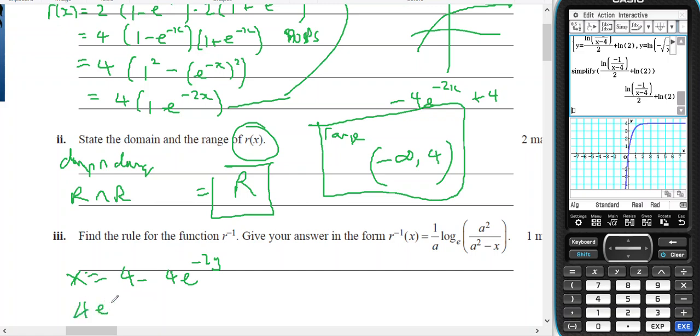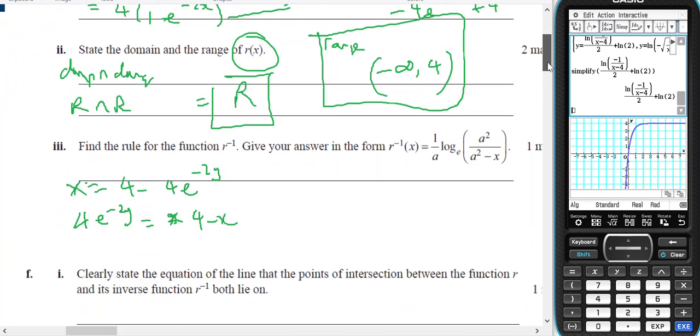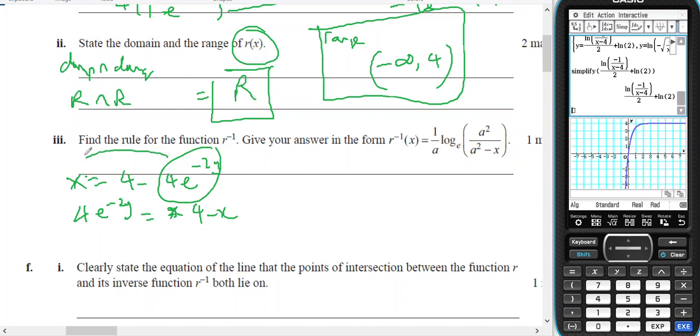So 4e^(-2y) equals 4 minus x, moving this to there and the x to there.